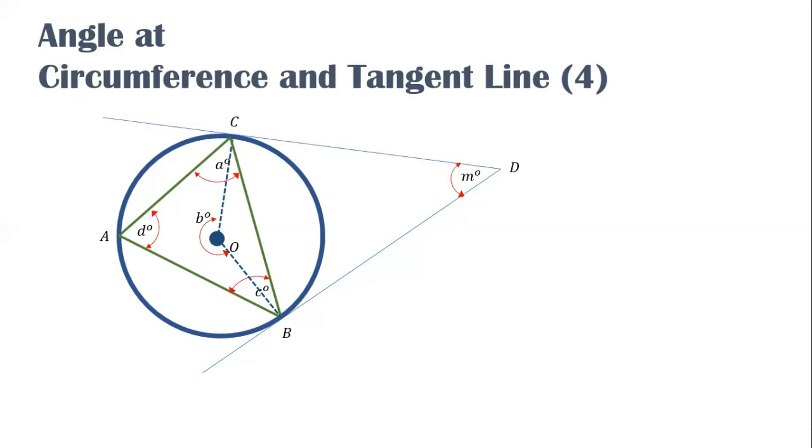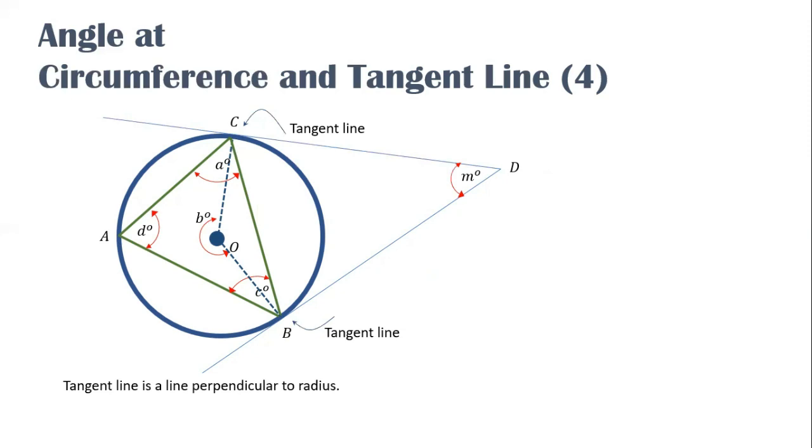So tangent lines CD and BD intersect at point D and are covered by M degrees. We call this one tangent line, and here is a tangent line, right? So point B and point C are tangent points. Once again, point B and point C are tangent points.